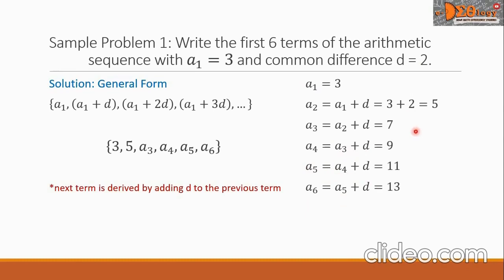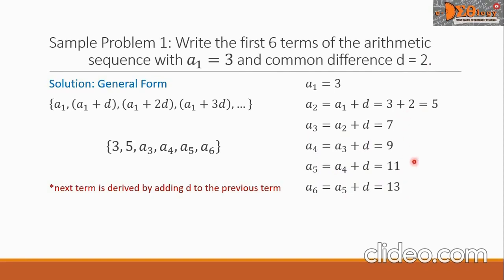So we have this a sub 3 means the 5, which is a sub 2 plus d, is equal to 7. And for a sub 4, that is 7 plus 2, which is 9. A sub 5 is 9 plus 2, which is 11. A sub 6 is 11 plus 2 and equals 13.